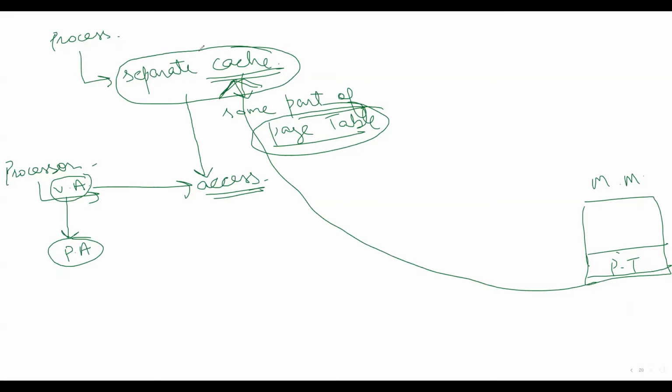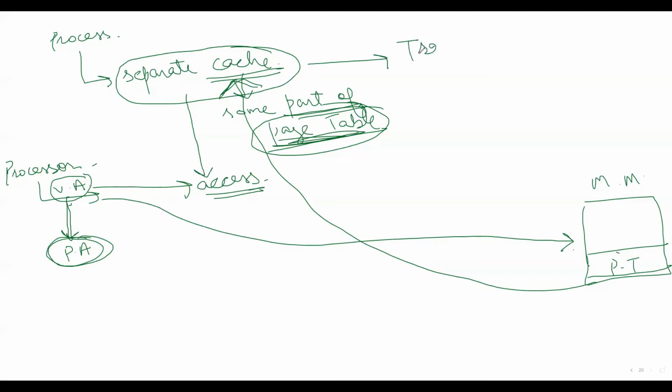If it is present, then we can easily get the physical address from that portion. However, if that entry is not present in this cache, then we have to access the main memory. So this cache that is used to store some part of the page table is called the Translation Lookaside Buffer.